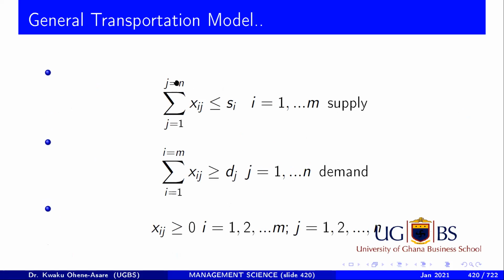So the things that are going here should be less than or equal to the supply, and the demand item should be greater than or equal to the demand. Of course, those decision variables will still have the non-negativity constraint being shown down here. So don't forget your non-negativity constraint. You will still have to have that in mind.